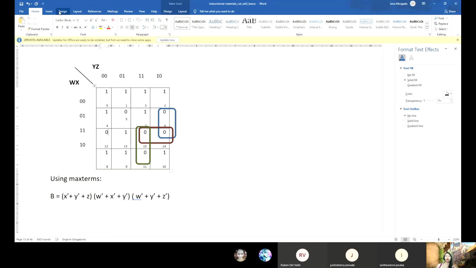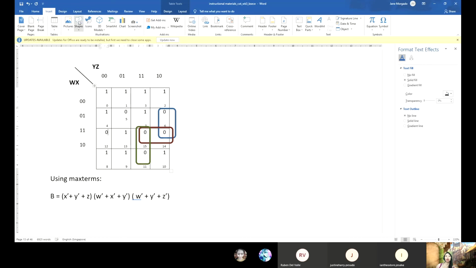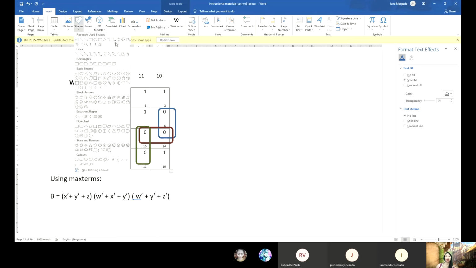Okay, so what will happen here? So we can group this to the other side.